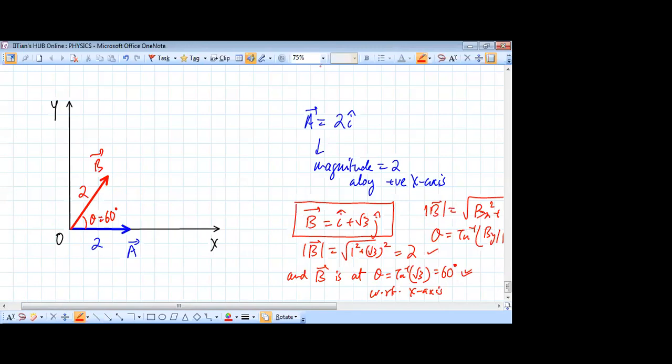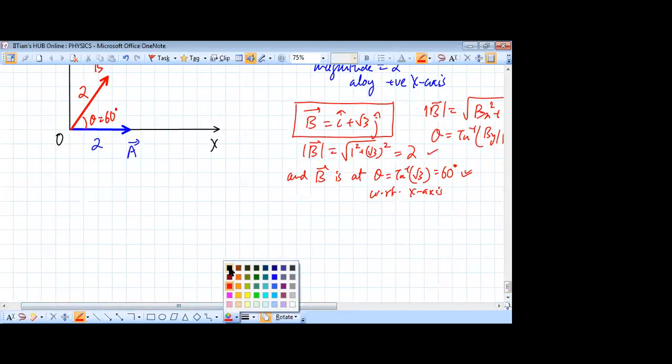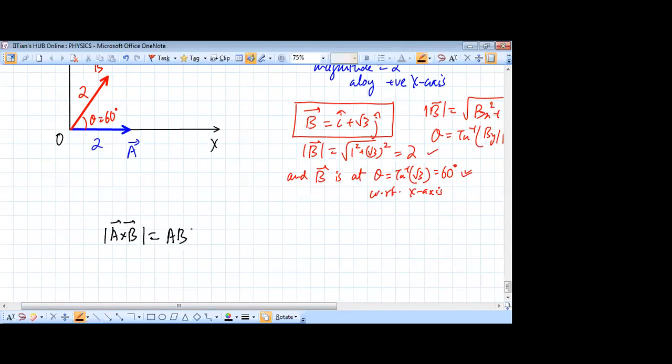So now coming back to our definition, what will be mod of A cross B? AB sine theta, that is 2 into 2 into sine 60. So that will be 2 root 3.